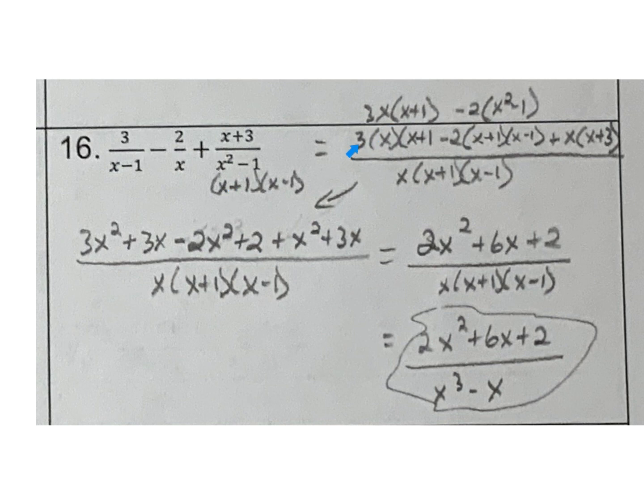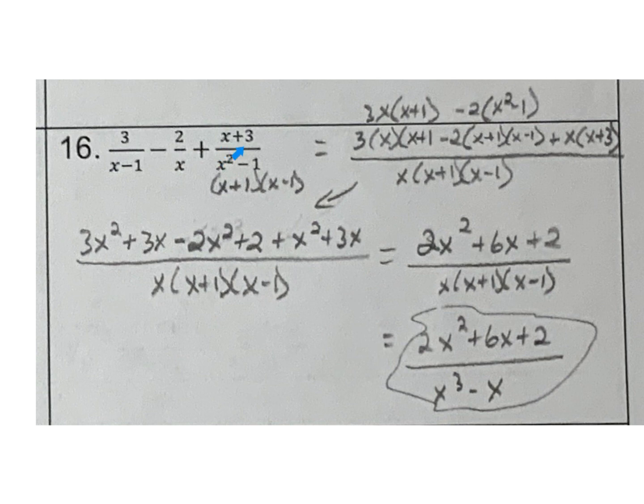So that's what I have here, 3x times (x + 1). And then minus 2 is going to have to be multiplied times the (x - 1) and the (x + 1), which ends up being negative 2 times (x squared minus 1).